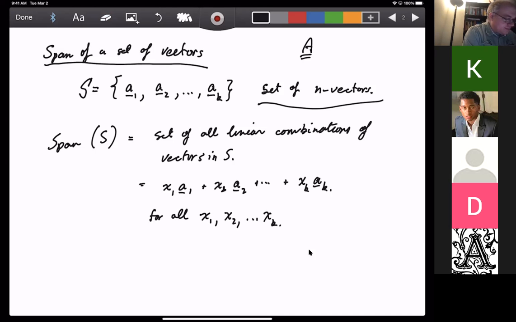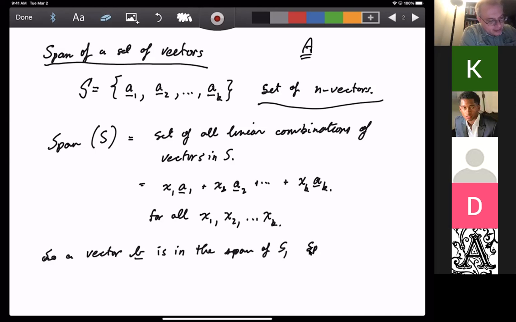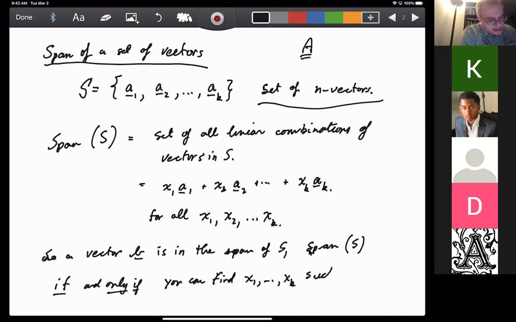So a vector B is in the span if and only if you can find these x's such that you can build the vector B as a linear combination of the vectors in your set.